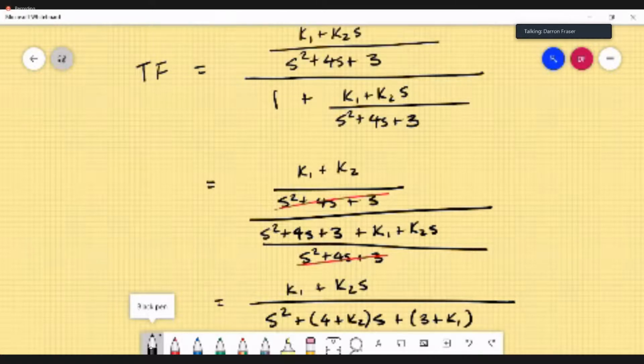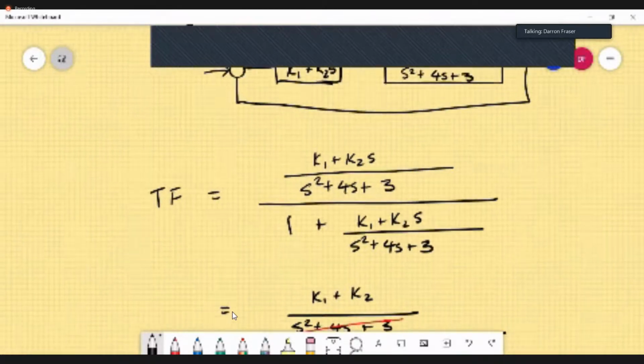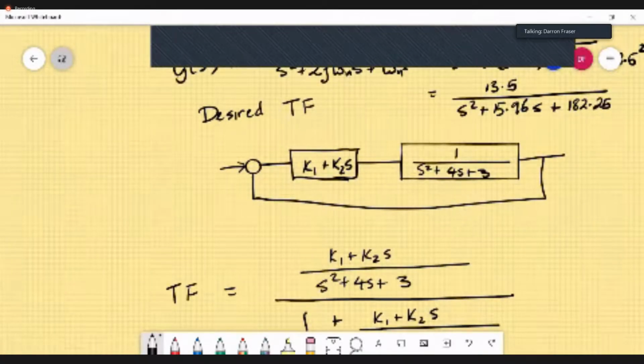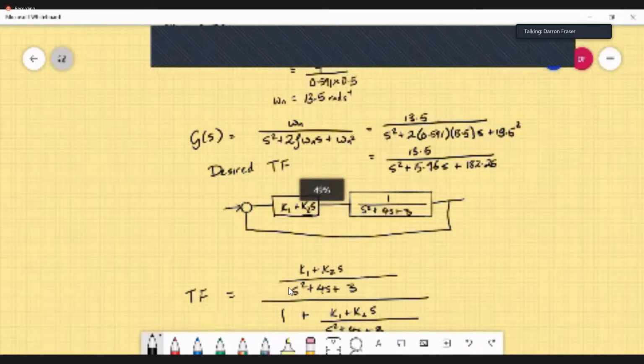So what we are saying is that we can set the values of the K's so that our transfer function, the K's can be used to change the transfer function of the system to the desired transfer function, which is S squared plus 15.96 S plus 182.25.